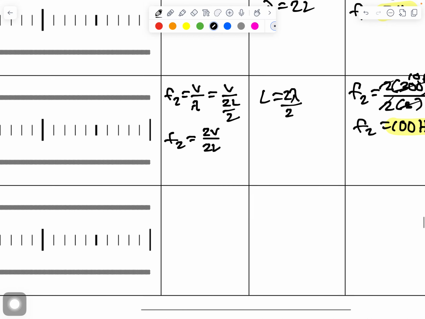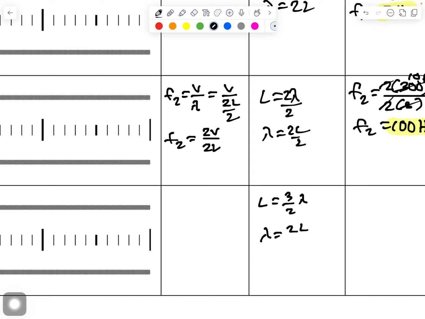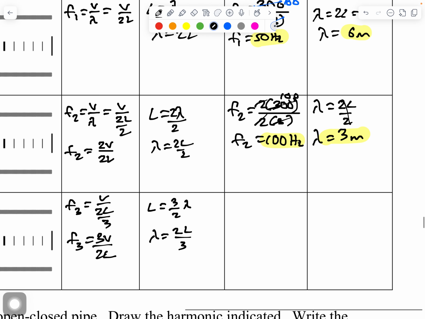Okay, and for the last one, the length was equal to 3 halves of a cycle, or lambda is equal to 2L over 3, okay, 2/3 of the length. So V over 2L over 3 would be 3V over 2L. So 3 times 300 over 2 times 3.